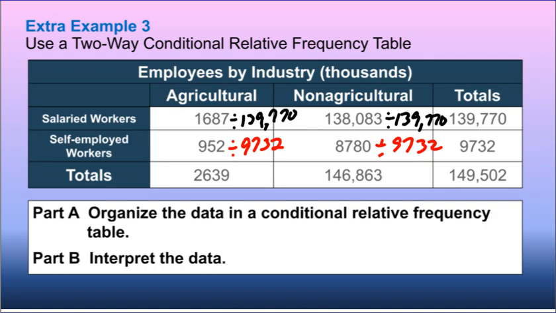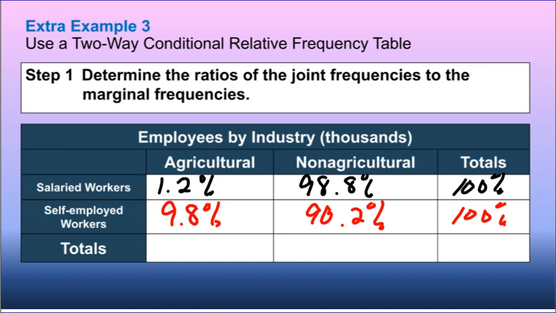But just to verify it, if I go back and did 8780 divided by 9732, multiply it by 100, I would get 90.2. Now the totals, if I add straight down, this would give us 11%. This will give us 189%. And over here would give us the 200%.